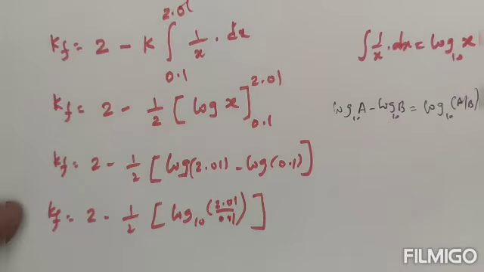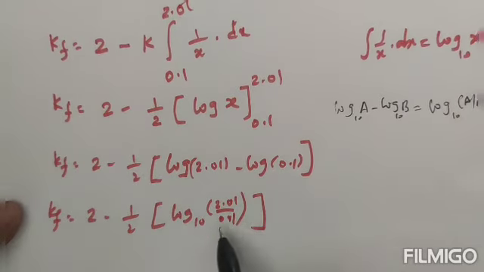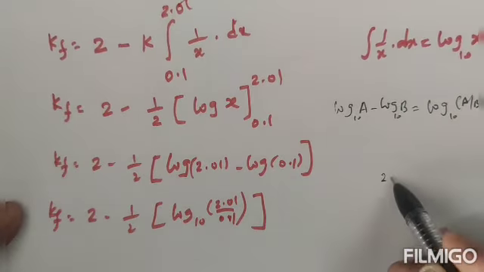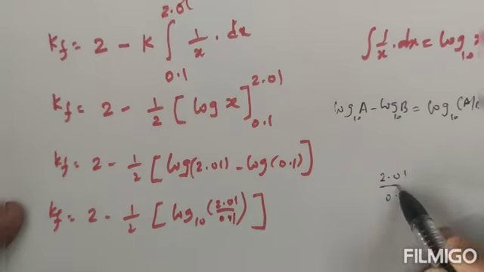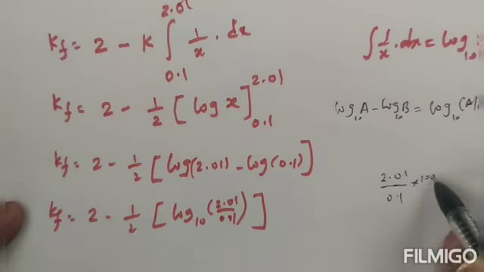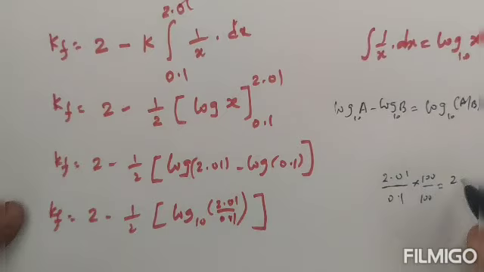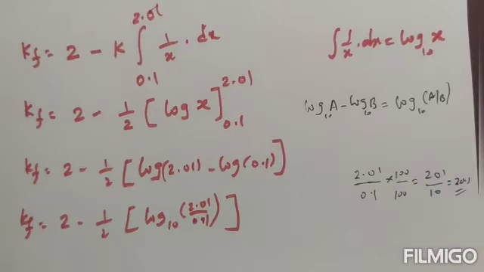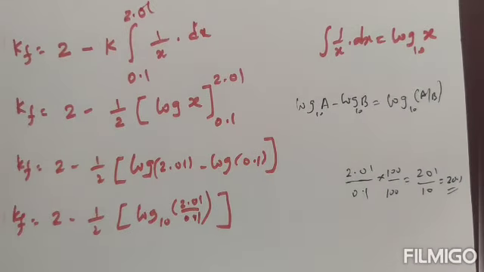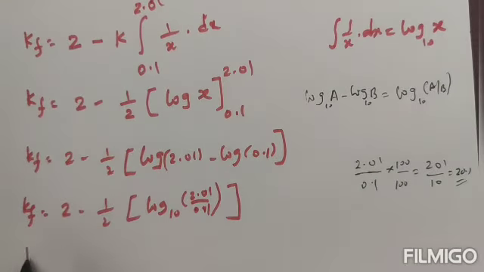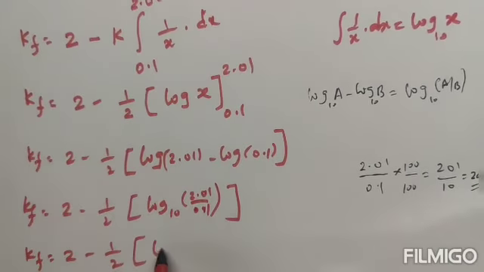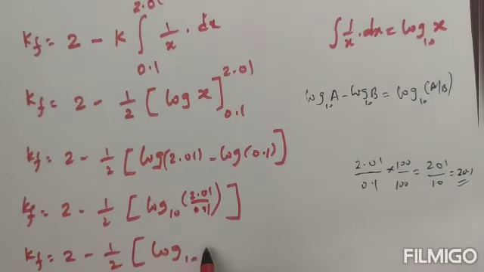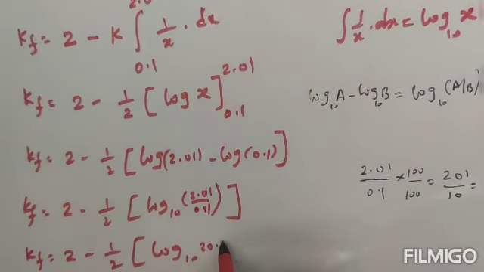So multiply and divide by 100, I can get 201 divided by 10, that is equal to 20.1. So I can write Kf is equal to 2 minus 1 by 2 log of 20.1.